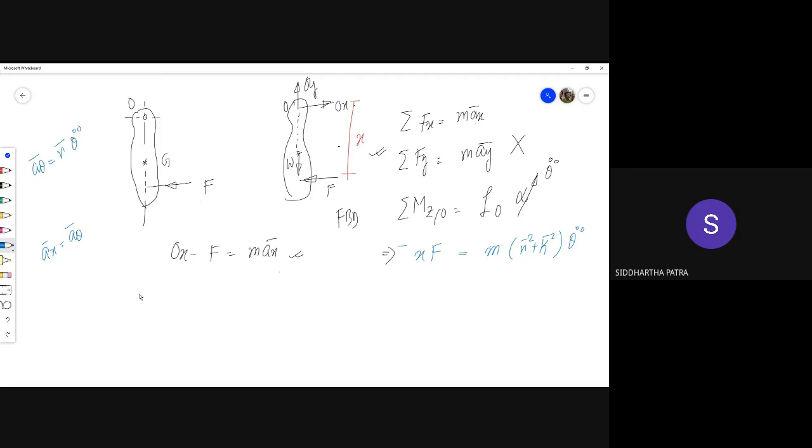So what do we have here? R bar theta double dot, and the expression for theta double dot is, so you substitute that expression.